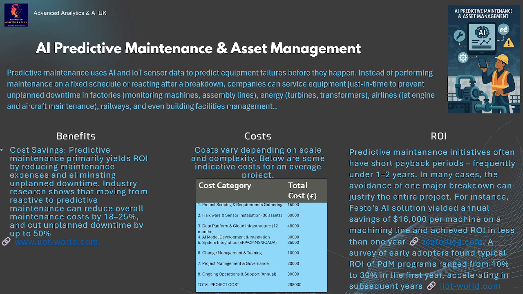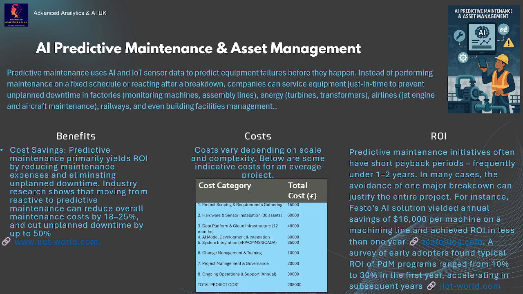It's a very cost effective way. So the benefits are, you reduce your downtime by this example by IoT World by 50%. Again, it's down to what business you're in, but this is definitely the cutting edge of optimizing your asset management.